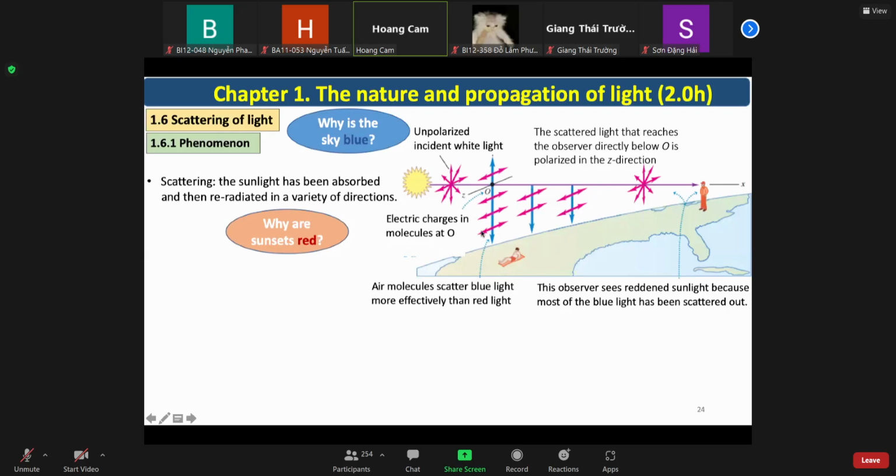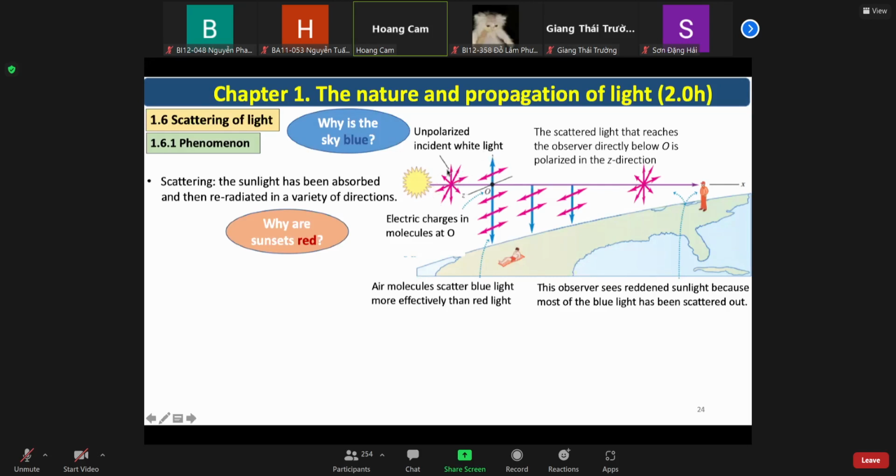The light from the sun is unpolarized light, and it consists of different colors in the visible range, also UV and infrared and so on. For the visible, the sunlight is composed of different colors, so we say white light.